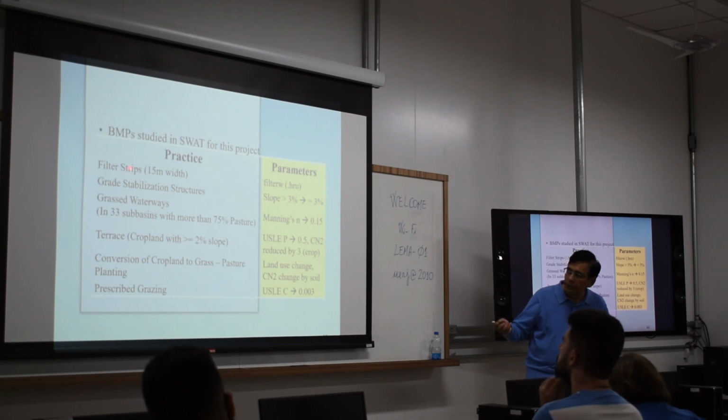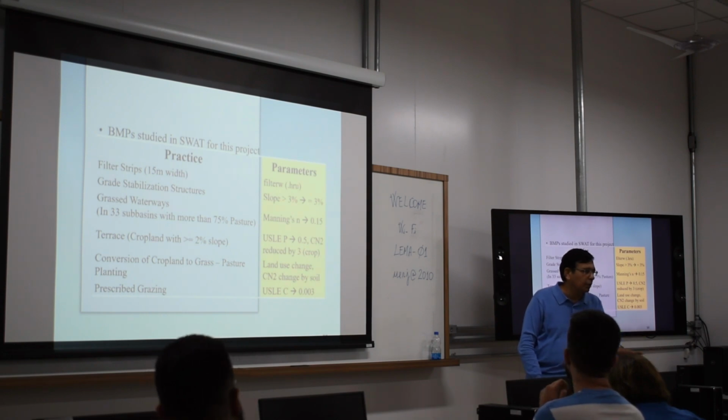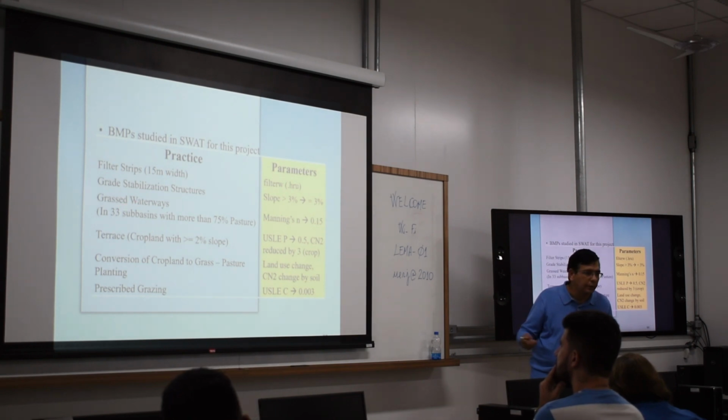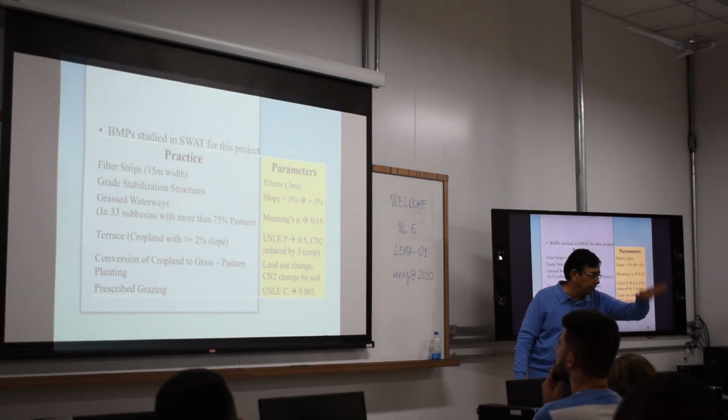Grade stabilization, removing the sloping land and making it a little flatter. Grass waterways, growing more grasses in the channel so that you can reduce the velocity of the water. And then terraces. Wherever there is more than 2% slope, we want to put steps.